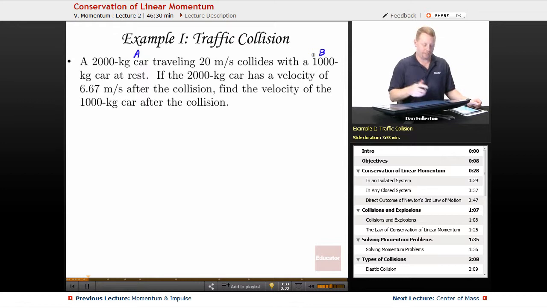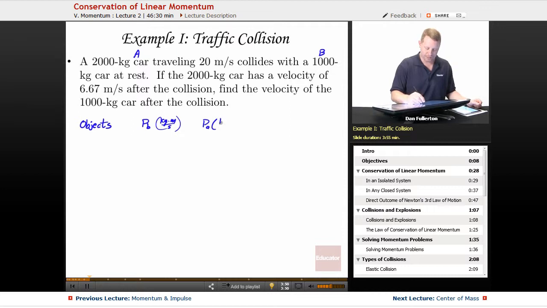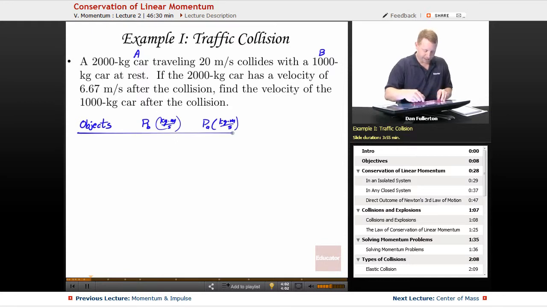Then we can make a table to organize our information. We'll have a column for our objects, a column for the momentum before the collision, P before, in kilogram meters per second, and a column for the momentum after the collision, P after, in kilogram meters per second. And since this is in one dimension, we don't have to worry about X, Y, Z components. It's all one dimension. So let's make ourselves a nice, happy little table.